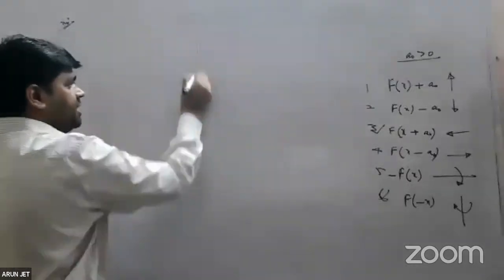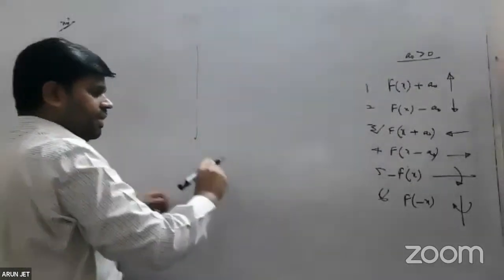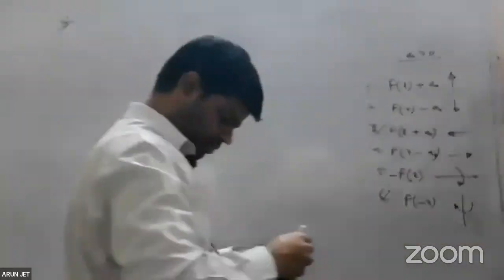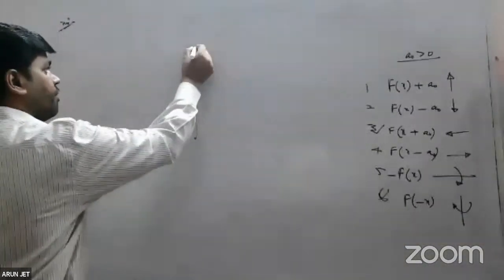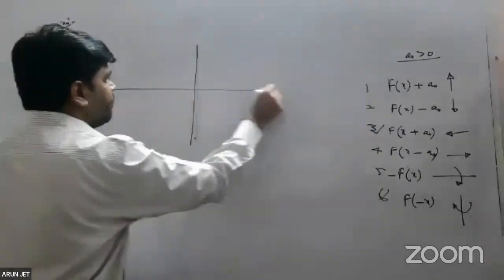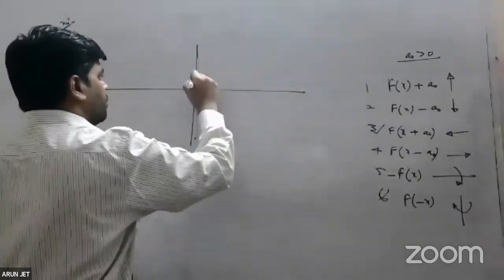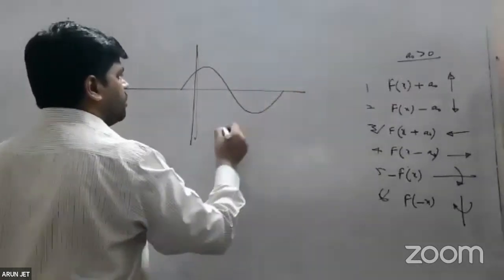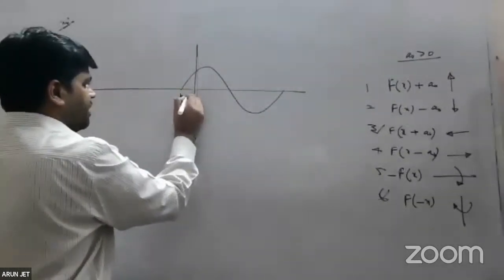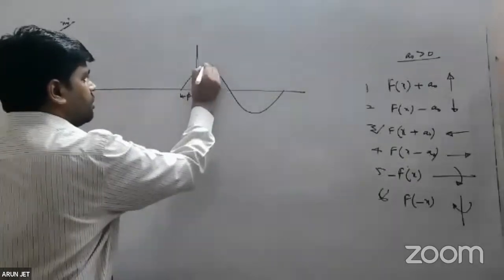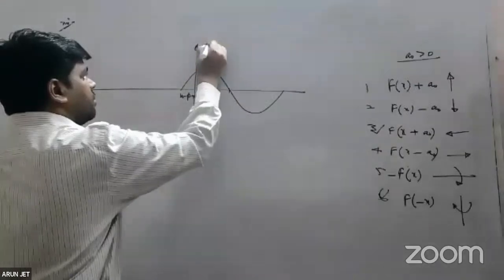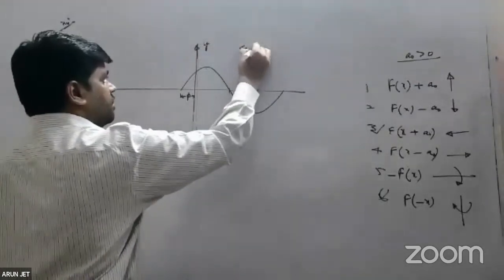We can get any sinusoid from both sine and cos, right? Now this is my function. Now this is phi. This is a sinusoid.